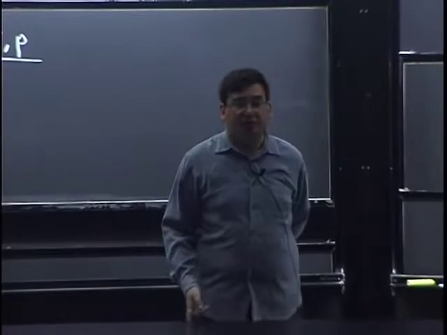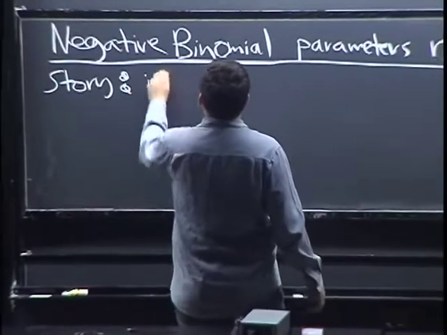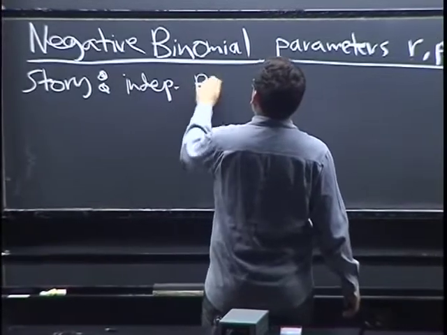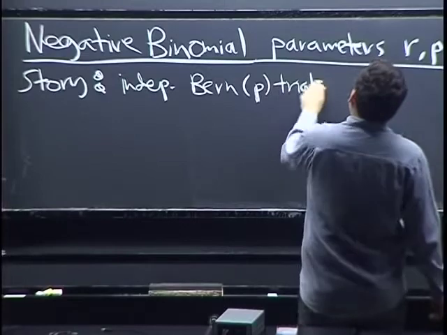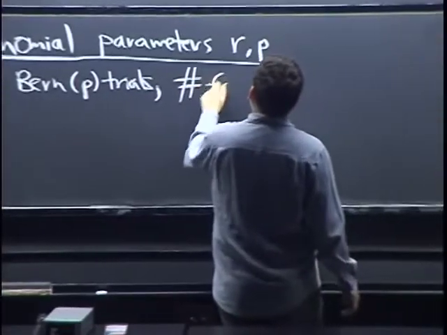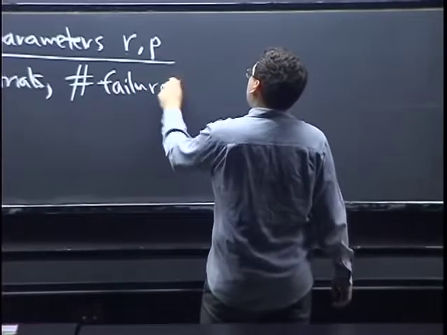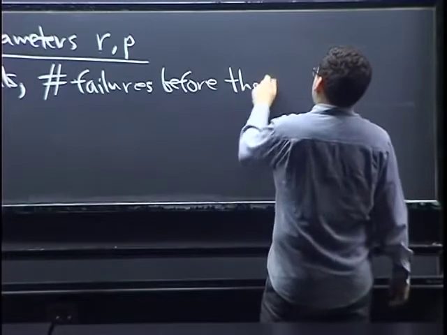Okay, so again we have independent Bernoulli P trials, like with the geometric, and we want to know the number of failures before the rth success.